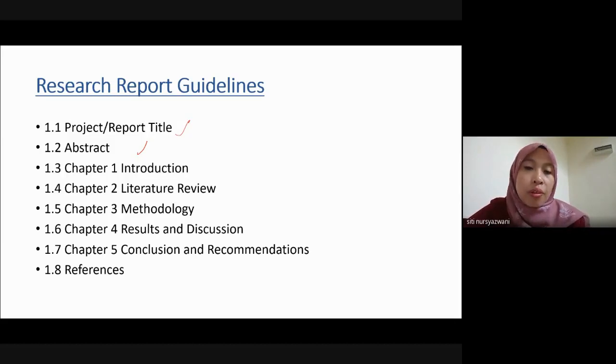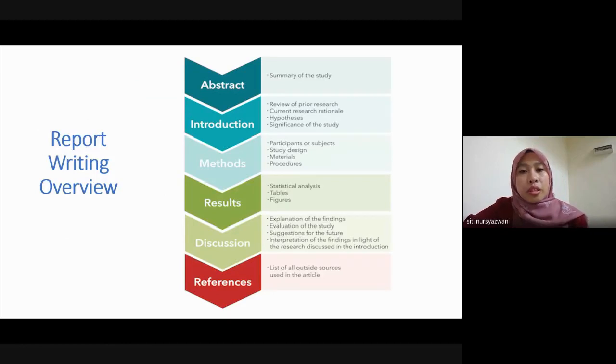I'm sure you're very aware of this one. Introduction, literature review, methodology, chapter 4, result and discussion, and then chapter 5, conclusion and also recommendation, and the last one is reference. This is actually an overview: abstract, introduction, method, result and discussion, reference.